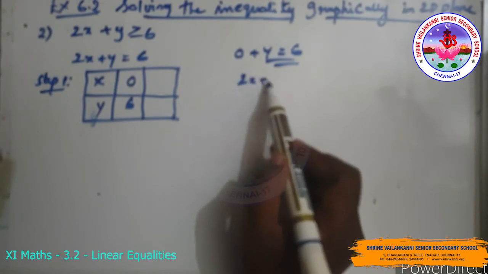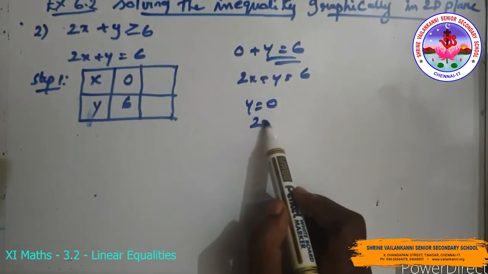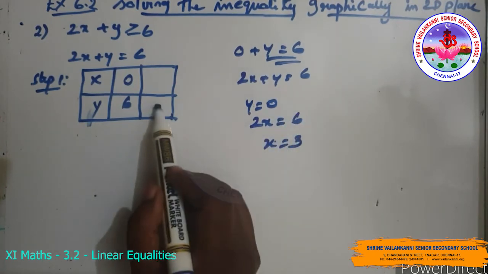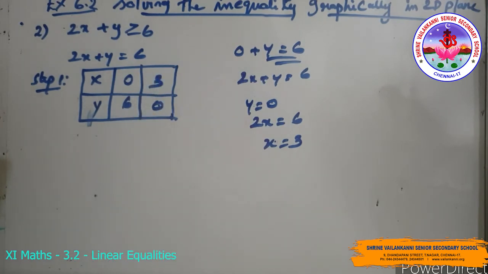And then again we put y equal to 0, then we get 2x equal to 6 and x is equal to 3. We have to draw the graph for these points.